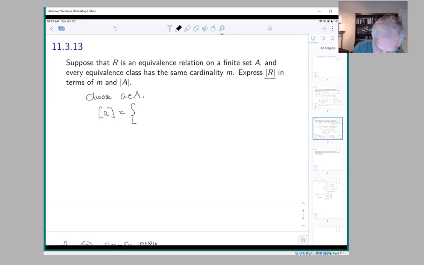It's the collection of pairs (a, x) in R. Let's not use M because M is the number of equivalence classes. Let's use x such that a R x, in other words, such that (a, x) is in R.